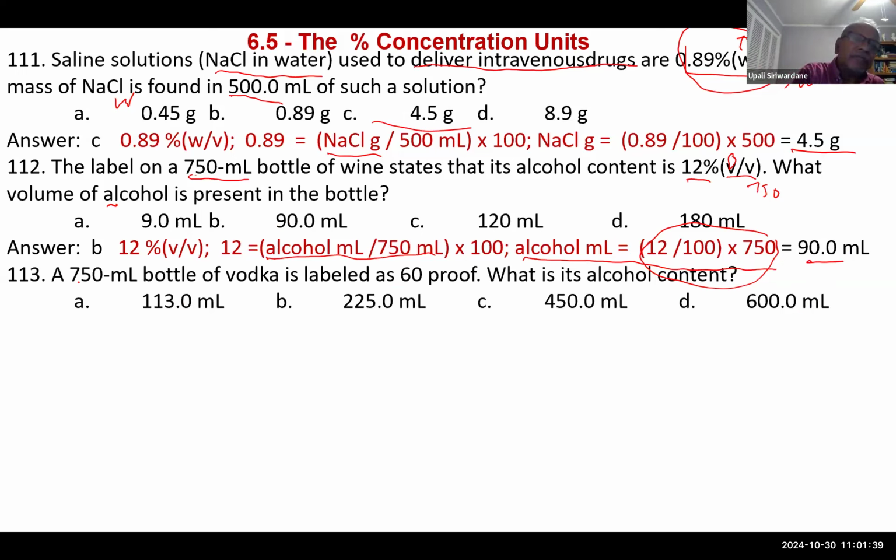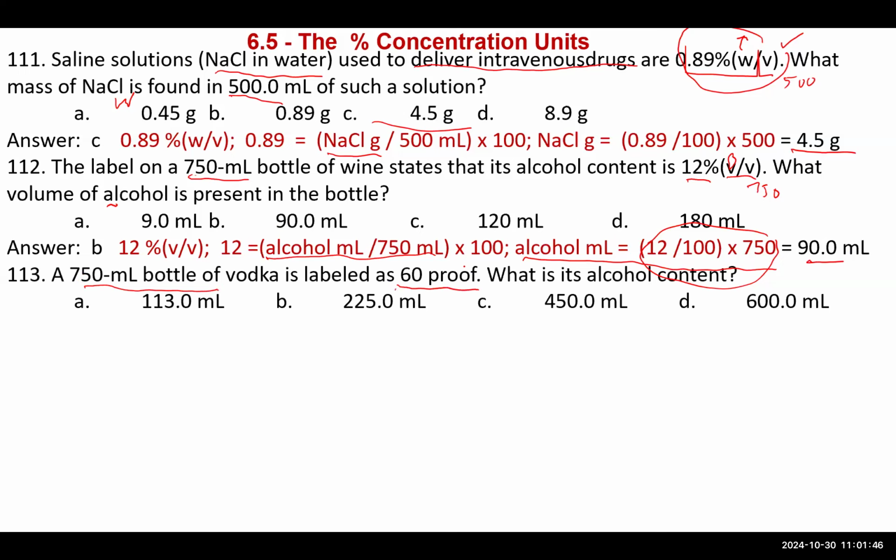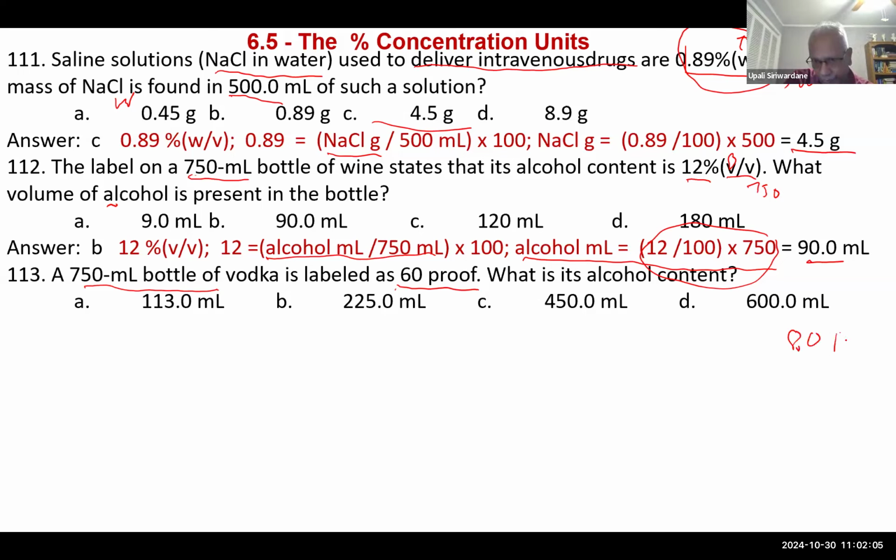A 750 milliliter bottle of vodka is labeled 60 proof. Do you understand? When you go to a liquor store, normally, let's take 80 proof alcohol. 80 proof means 40% volume by volume.